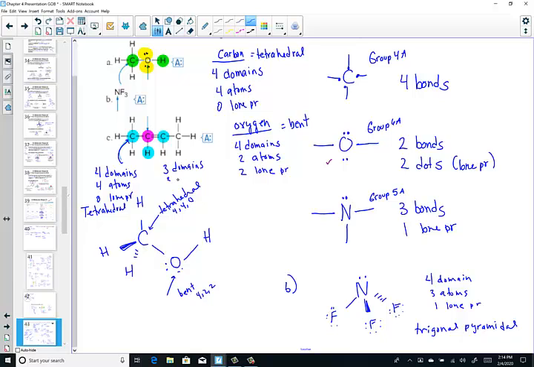So of those 3, they all lead to atoms and 0 lone pairs. So your VSEPR count is 330, which we know to be trigonal planar. 330 trigonal planar, 440 tetrahedral. You're doing good work.